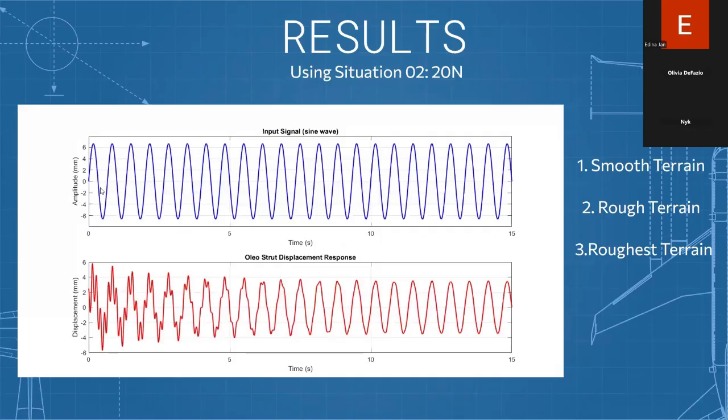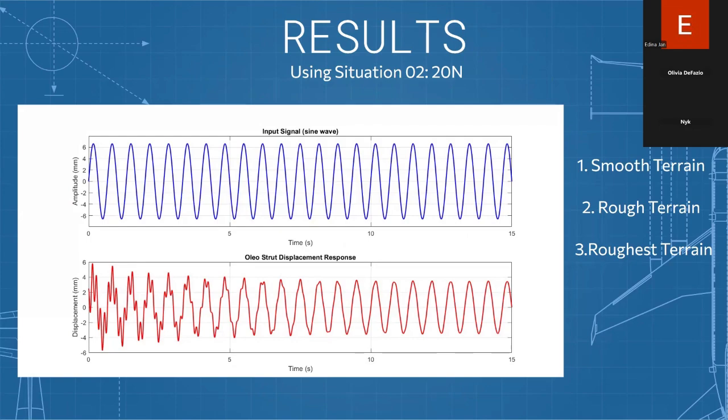Here we have our results for the smooth terrain, and then the rough terrain and roughest terrain. As you can see, it operated best with the smooth terrain, so that it modeled the sine wave just best for the overall displacement.